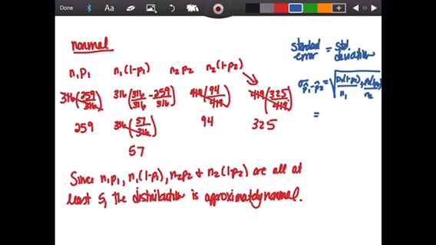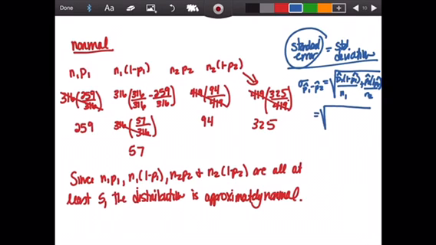Well, I don't know the true proportions, p1 and p2. I only know my sample proportion, which is p hat. When we use p hat instead of p, that's when we call this standard error instead of standard deviation.